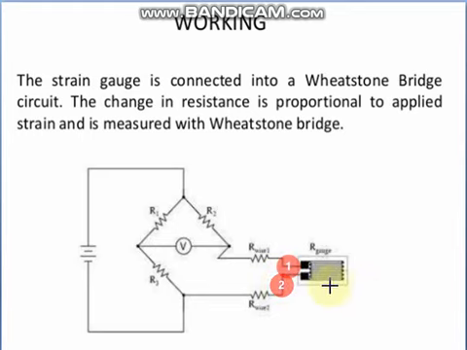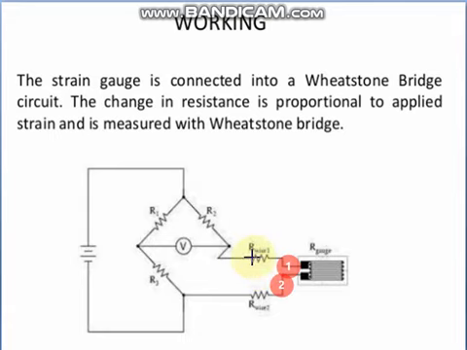Okay, so the two wires coming from the strain gauge, which is shown as R gauge, means resistance of gauge, are connected in series with resistance wire 1 and resistance wire 2.